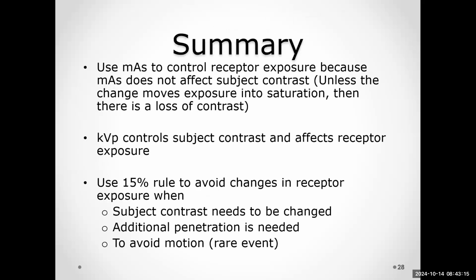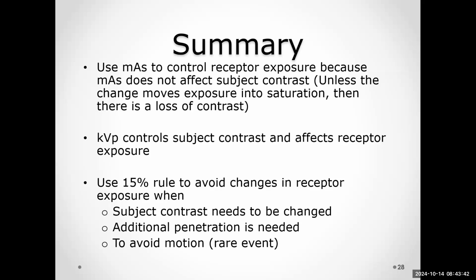So, in summary, we want to use mAs to control receptor exposure because it doesn't affect anything else. It doesn't affect subject contrast. There's a little caveat here: unless the change moves exposure into saturation, and then there is a loss of contrast. If you have used so much mAs that you now have saturation, which means you've lost information, you've lost data, that does reduce contrast.